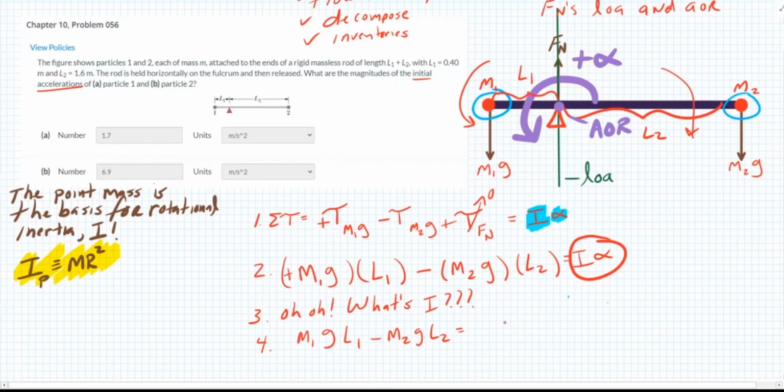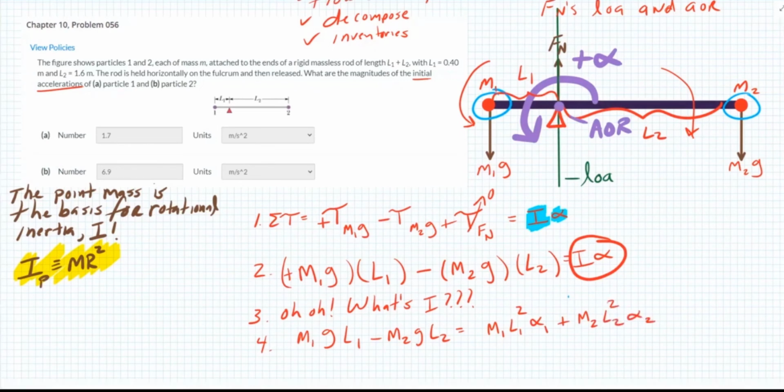Here is the rotational inertia of M1. It's M1 L1 squared times alpha 1, plus M2 L2 squared alpha 2.